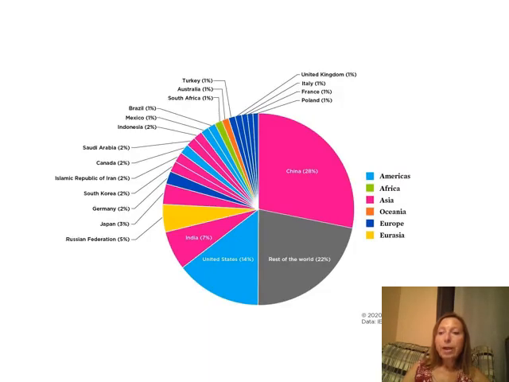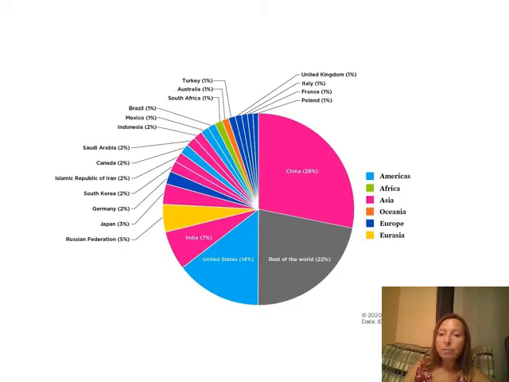So here is the breakdown of CO2 emissions per region or per country. We can see that about 28% of global emissions are coming from China, which is of course a huge country with a huge population. The United States is responsible for 14% of global emissions, even though our population is significantly lower.